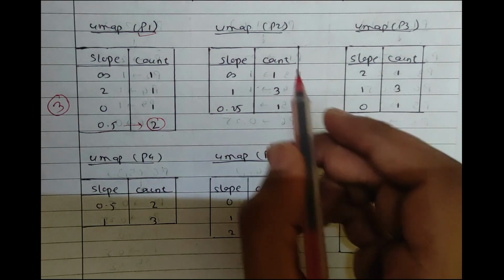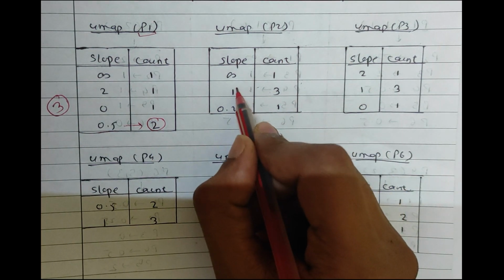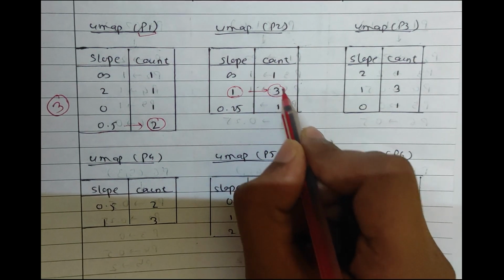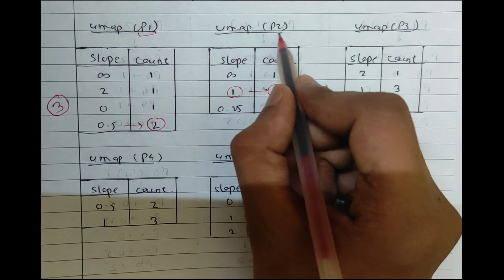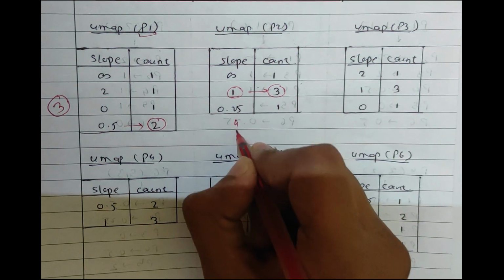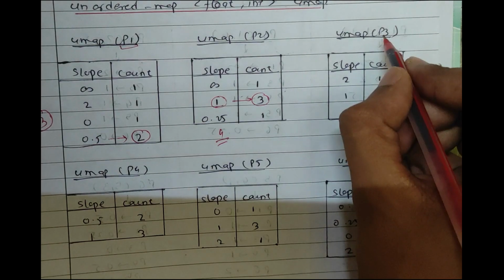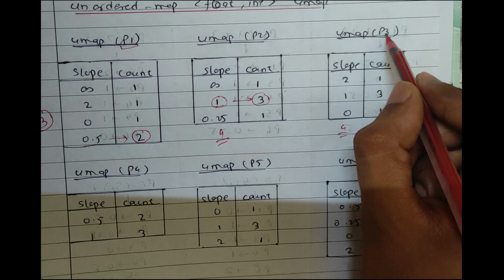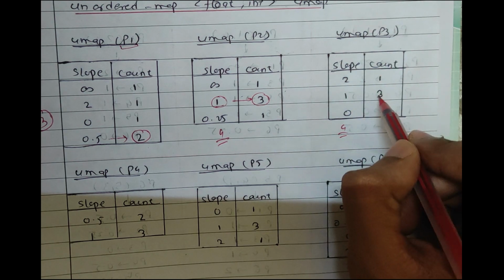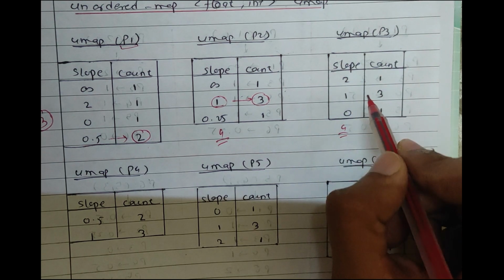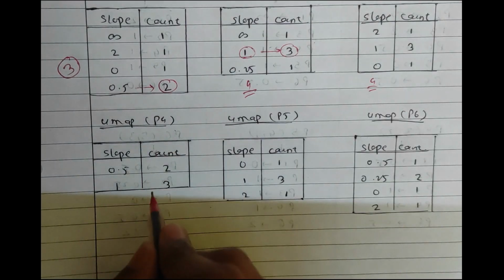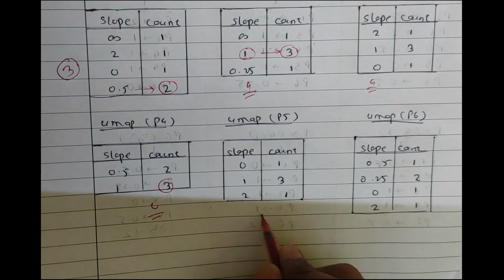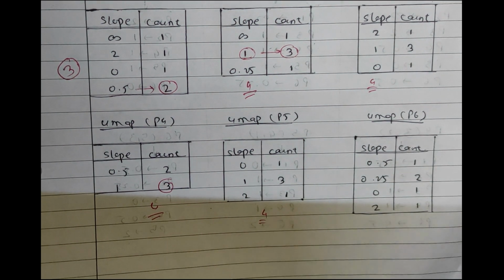For P2 the maximum count is for slope 1, so by including P2, the count will be 4. Likewise for P3 the count will be 4, including the point P3 and another 3 points whose slopes are 1. For P4 the count is 4, and for P5 also 4.